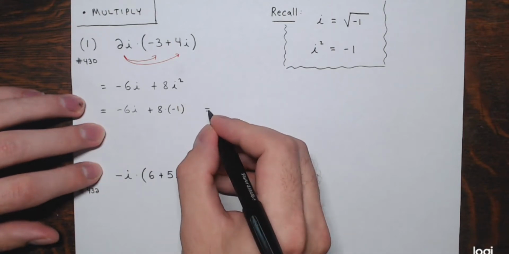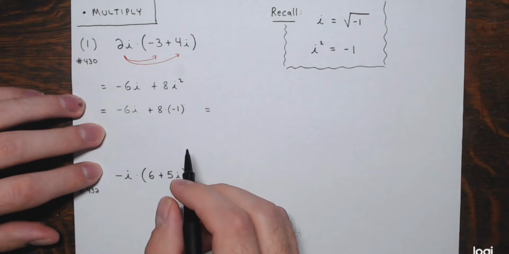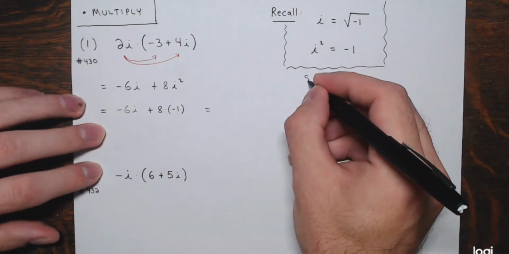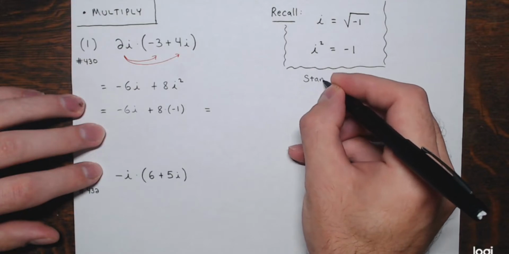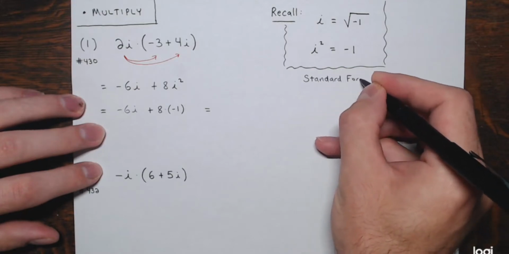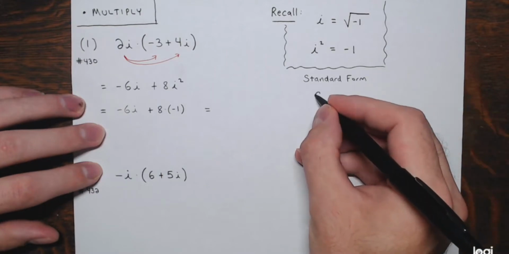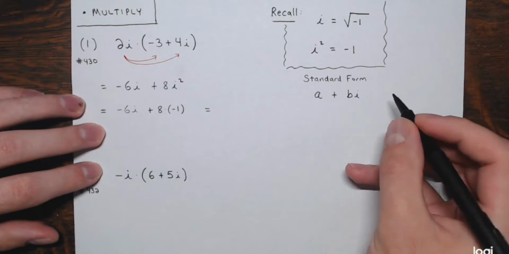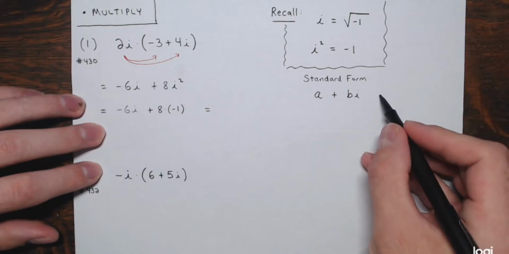And so I'm going to put it in standard form. Another recall over here: remember, the standard form for a complex number was a plus b times i, where a and b are real.